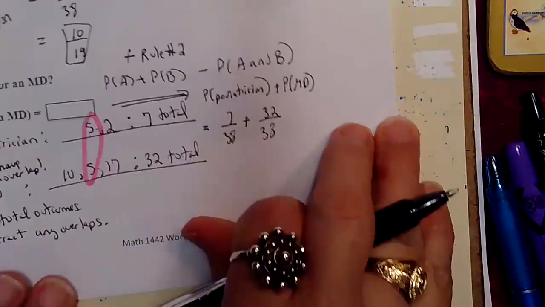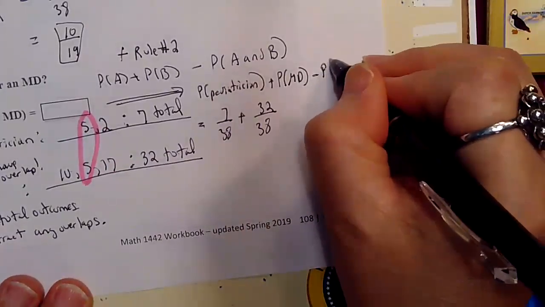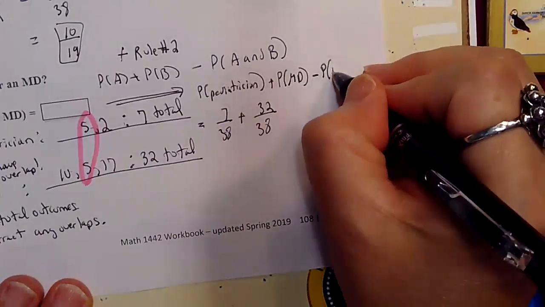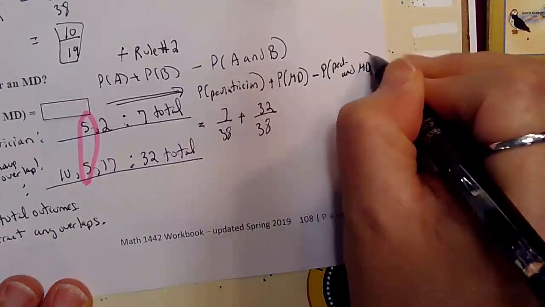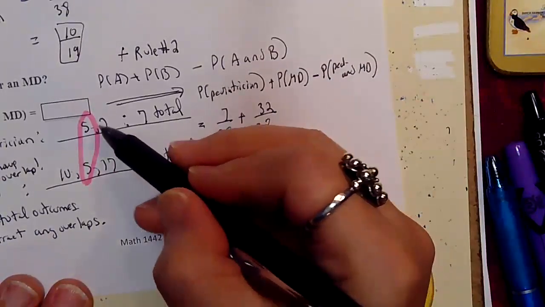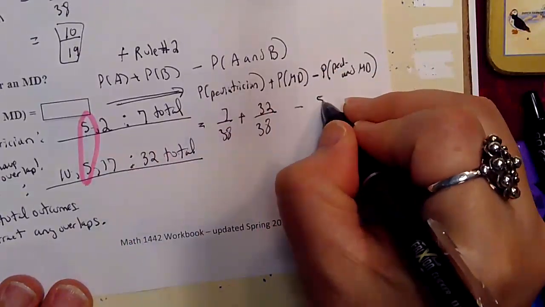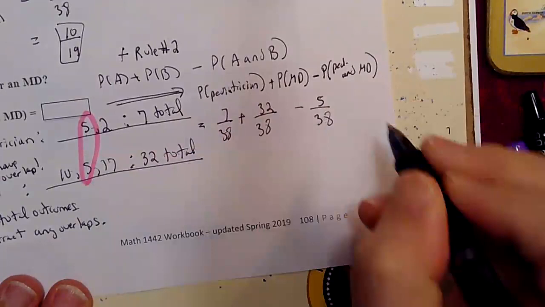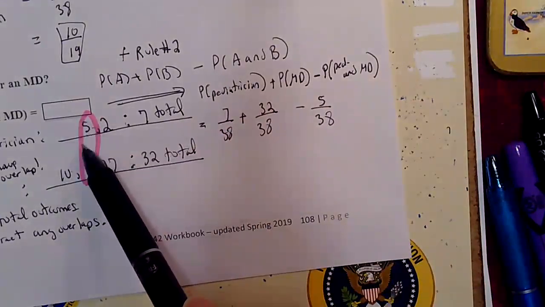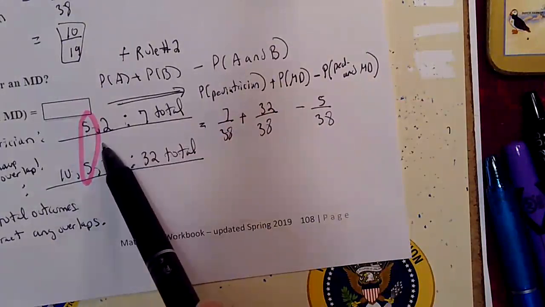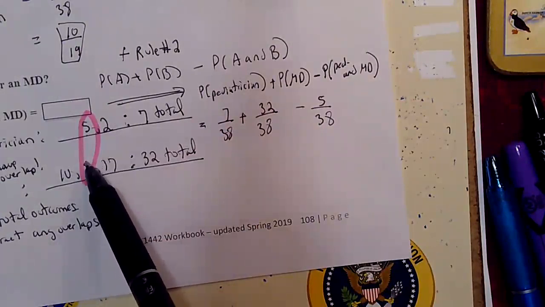And then you're going to subtract the overlap. So the probability of the pediatrician and the MD. And that's this overlap here. So you're going to subtract a 5 out of 38. It's one overlap, but you don't do 1 over 38 because these are people. It's not like it's a card with a 5 on it. These are people.